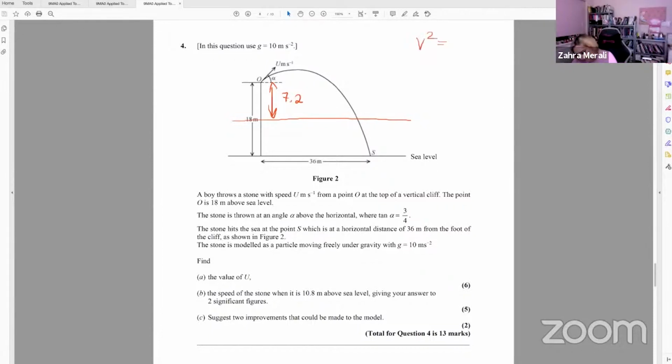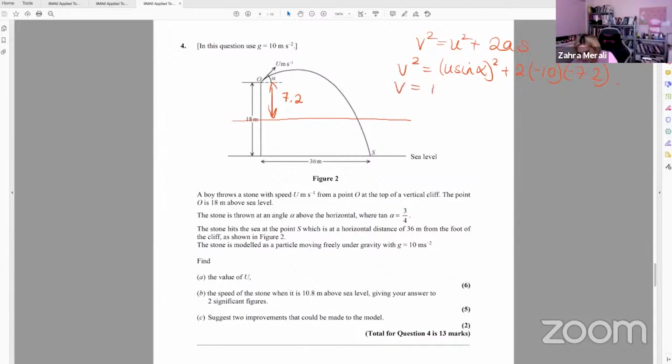So v squared equals u squared plus 2as. We're trying to find the speed, so we're trying to find the v, because the horizontal speed never changes. So v squared equals u sine alpha squared plus 2a, where a is minus 10, and we said we're going down, so minus 7.2.